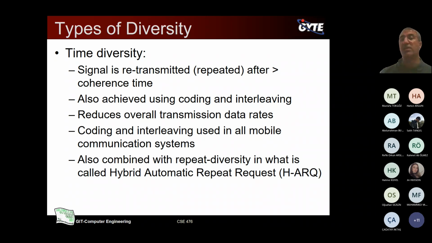This can also be achieved using coding and interleaving, and it can reduce the overall transmission data rate. Coding and interleaving are used in all mobile communication systems. On top of that, we can also combine the time diversity with HARQ, which is hybrid automatic repeat request.